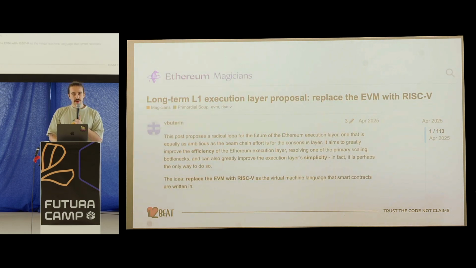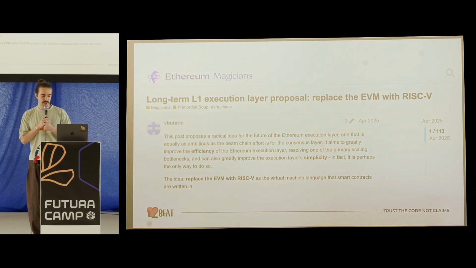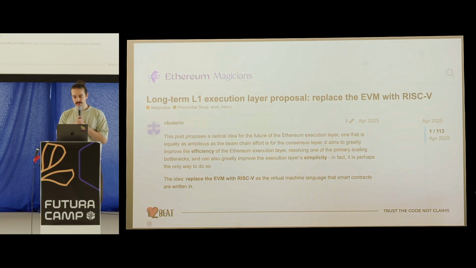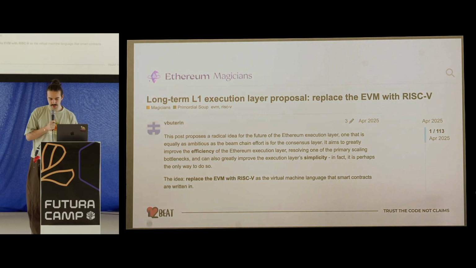So if you remember, some time ago, Vitalik was discussing this idea of moving from EVM to RISC-V. And my take here is that maybe we can do this through these proof-carrying transactions. This is not RISC-V directly, but this is basically some sort of ZK RISC-V where, yes, you can write programs in Rust, in C++, in whatever you want.